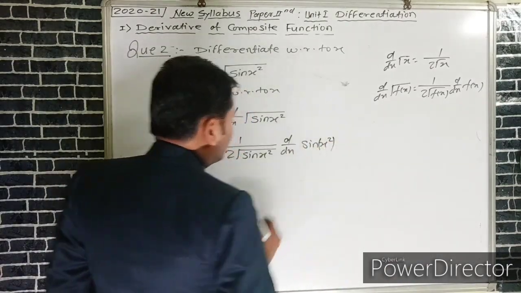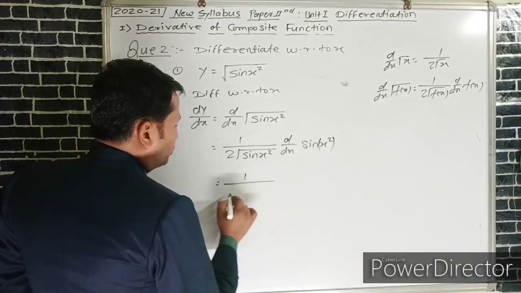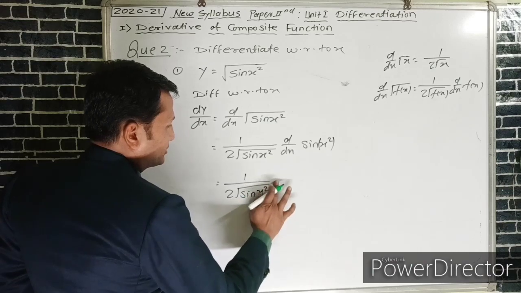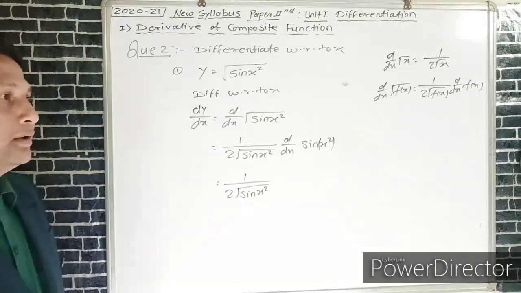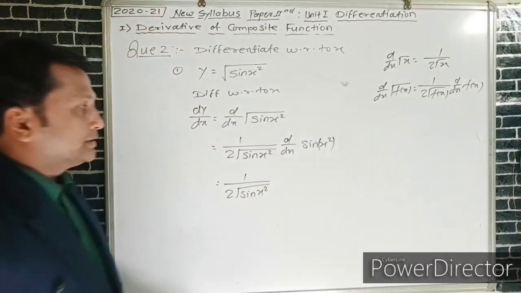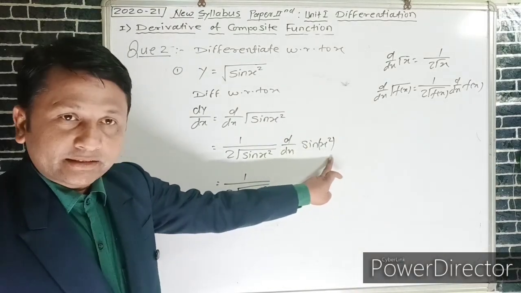Now 1 upon 2 under root of sin of x square as it is. Next, the function sin of x square is in the form of sin x.